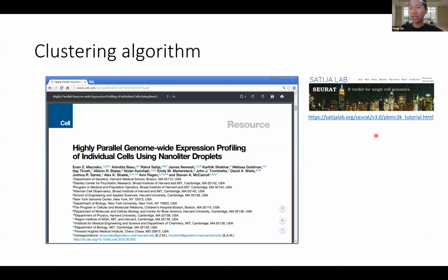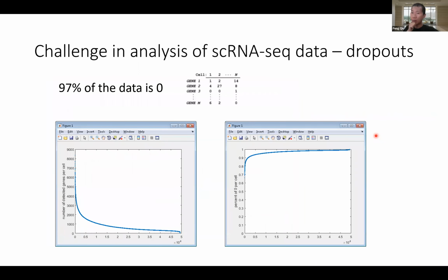So what I want to do today is talk about their clustering pipeline. Okay, so as we've already mentioned earlier, single-cell RNA-seq data is highly sparse. So in this particular data set, again one of the very first high-throughput single-cell RNA-seq data sets, when we look at the gene cell count matrix, there were roughly 24,000 genes and around 40 to 50,000 cells.